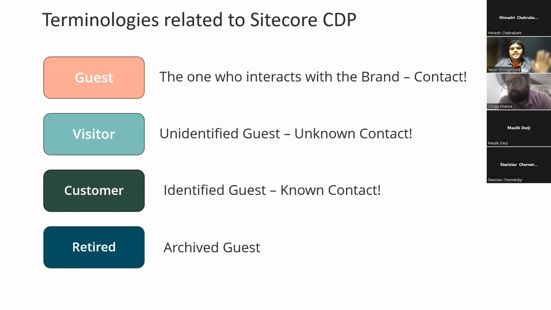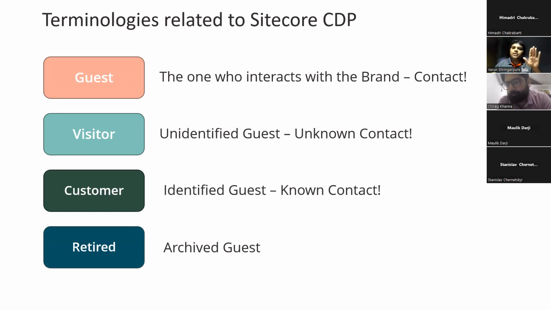Whenever a user is unidentified, he or she is a visitor. So let's say I visit a website on my desktop, I visit a website on my mobile phone, and I am liking the content which they are providing. So then I register on my desktop, right? So technically I had a visitor profile from my desktop, I had a visitor profile from my mobile phone, and then I registered on my desktop, so that visitor profile became a customer.